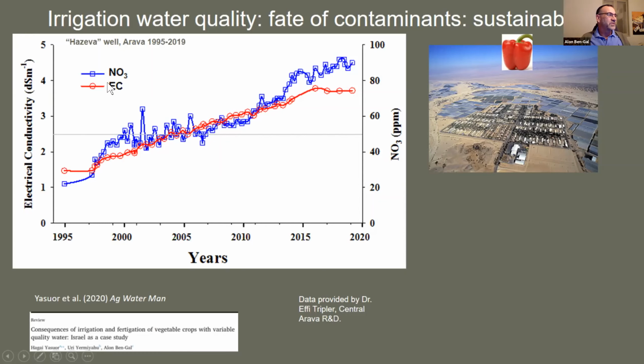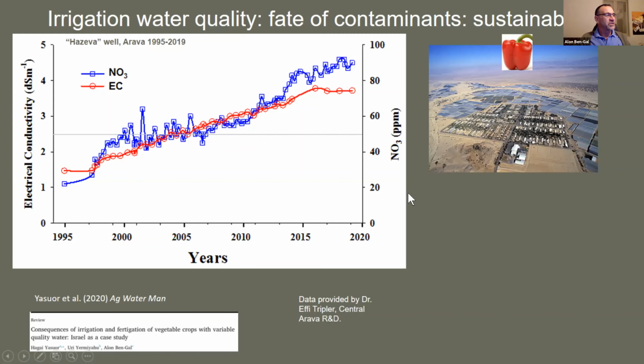In that 25 years, we see an increase of salinity of 2.5 times of the water in that aquifer. And that maybe could have multiple explanations, but there's no explanation other than the leaching water from the agriculture to explain the 4 times higher nitrates that are found in that groundwater over that time period.